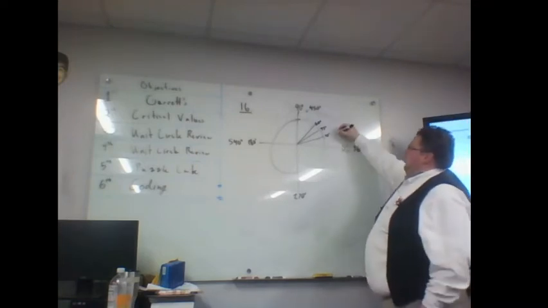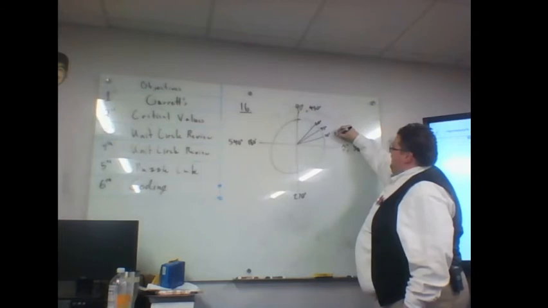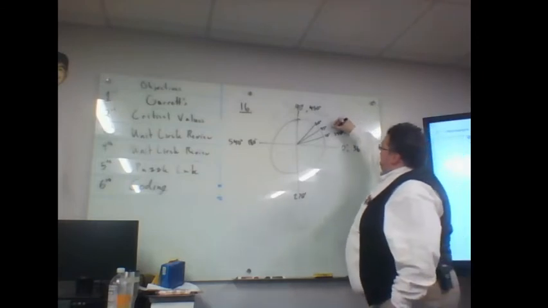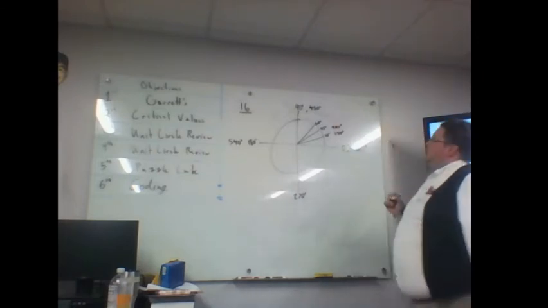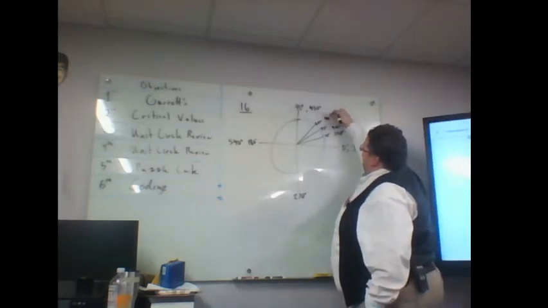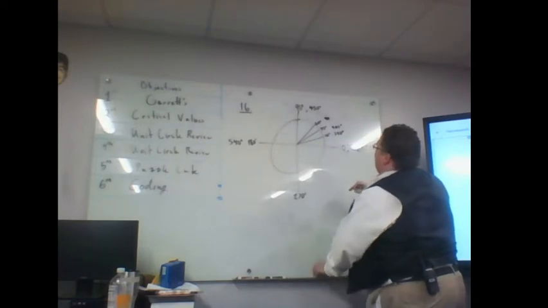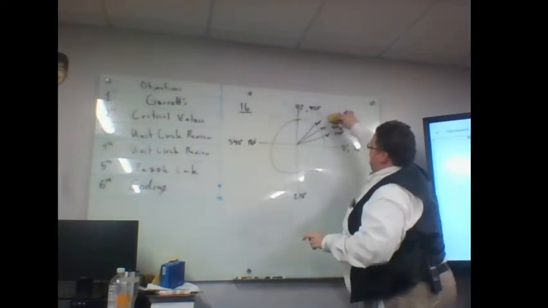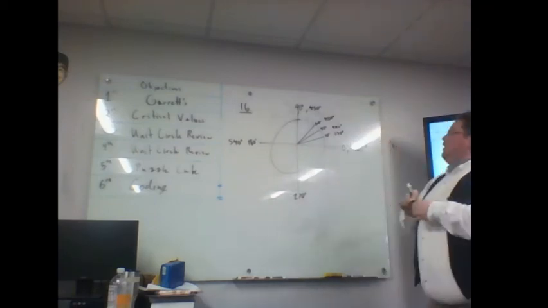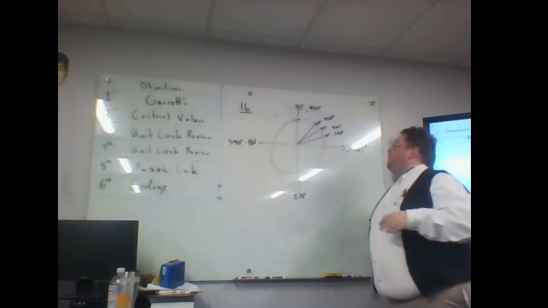So 30 past that would put this at 390. 15 more would put this at 405. 15 more would put this at 420. And obviously 450 is too far.